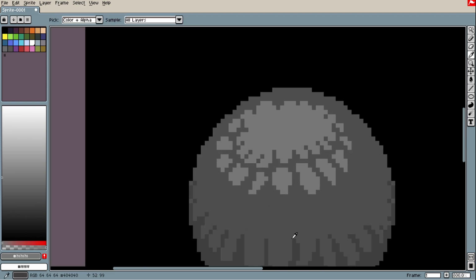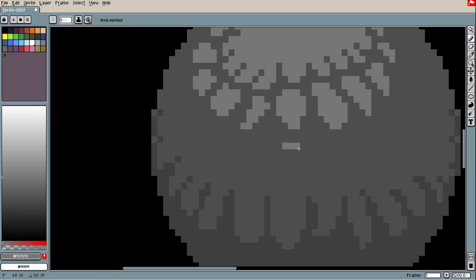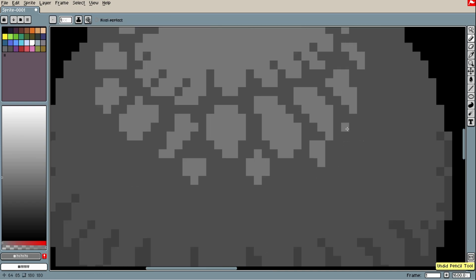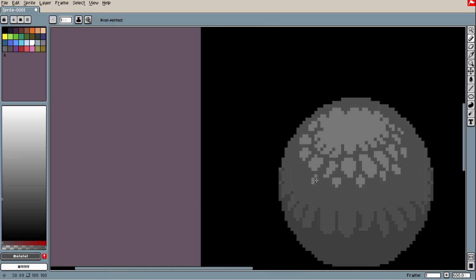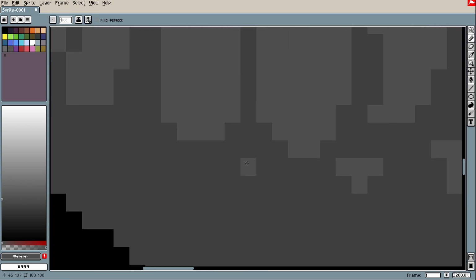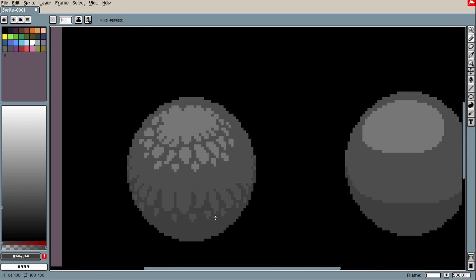I think this is okay. I will add some diminishing clusters of the brighter part in here and some of them in here, like it is fading away. Think with me.